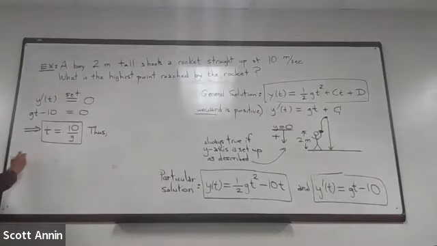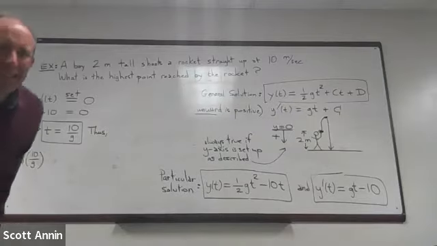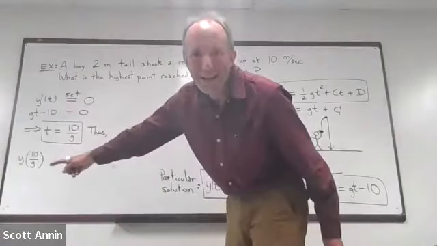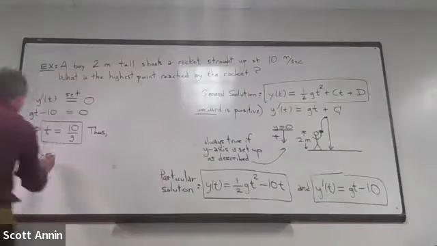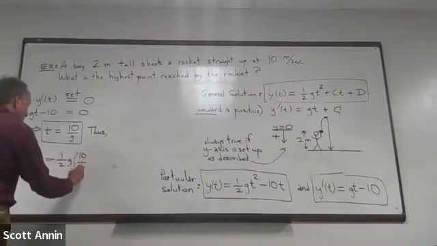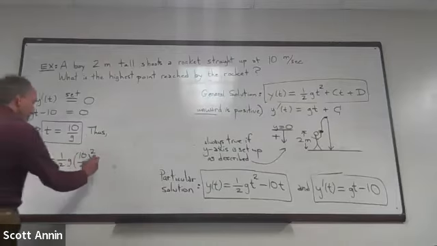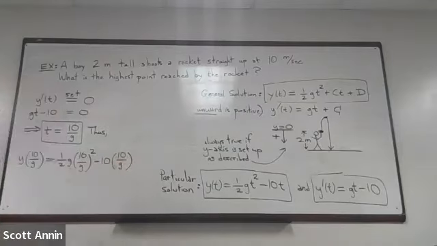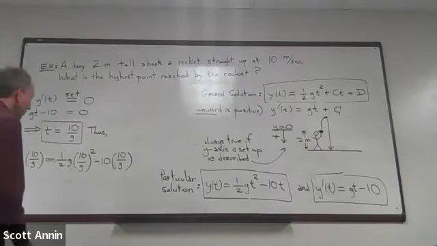If I look at y of 10 over g, remember, I'm just going to leave the g in the calculations here. So I'm going to just calculate the position at that time. And what I'm going to get is 1/2 g times (10 over g) squared minus 10 times 10 over g. We're just putting in 10 over g for the time everywhere that we see it.